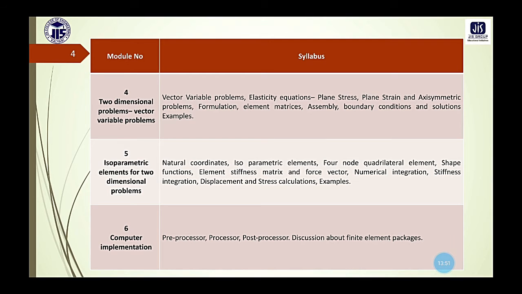All these things we will study in this fifth module. Okay, so this is the syllabus for this fifth module, that is for isoparametric elements for two-dimensional problems.